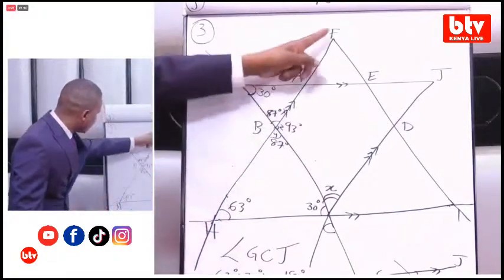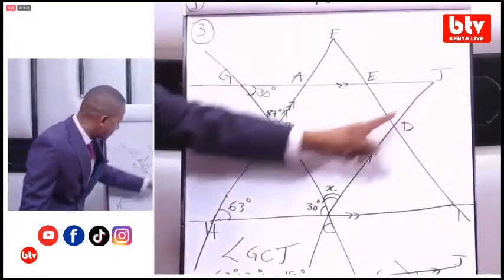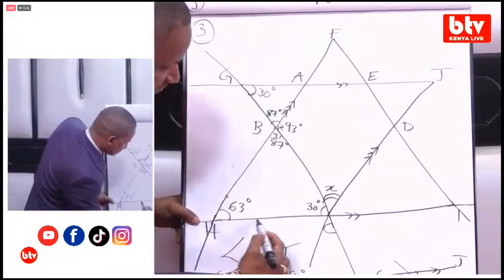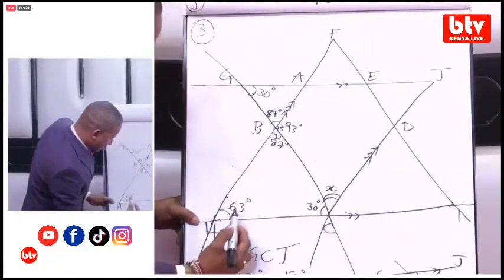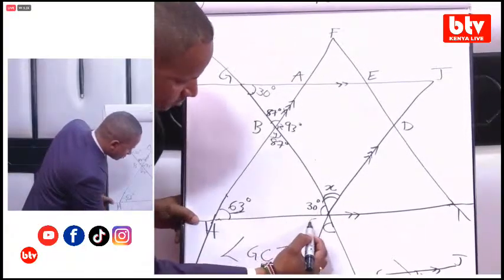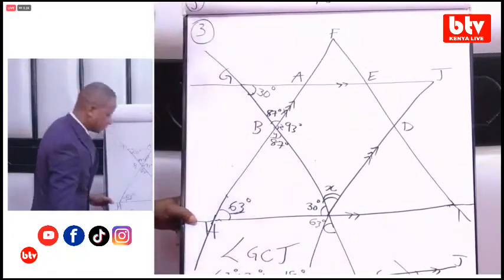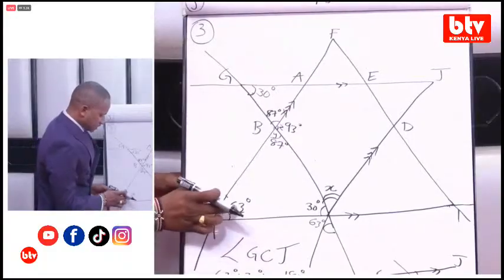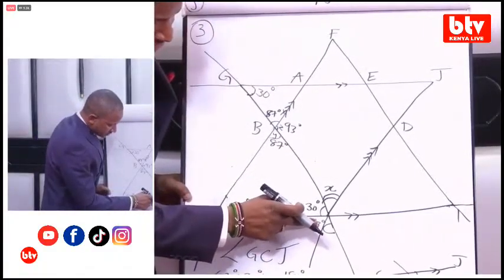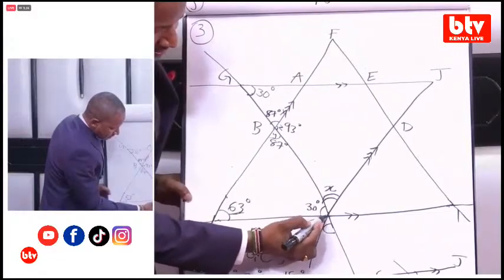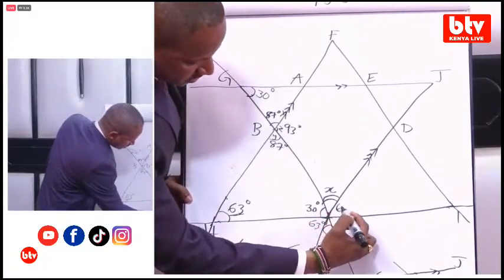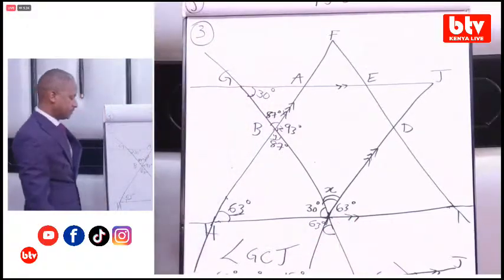If FH is parallel to JC, and this is a transversal line, it means that if this is 63 degrees, then this angle here is also 63 degrees. Why? Because they are alternate angles. If this is 63 degrees, then by vertically opposite angles, this is also 63 degrees.